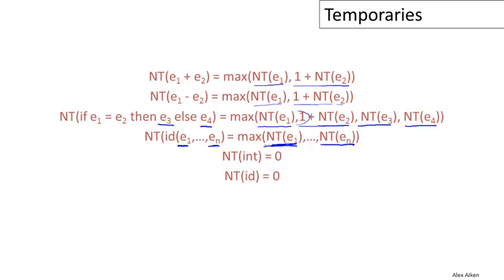They're not stored in the current activation record. And we're trying to compute the number of temporaries needed to evaluate inside of the current activation. And then for an integer, that doesn't take any space at all. It doesn't require any temporaries, so there are 0 temporaries required for that. And also for a variable reference, those require no temporaries.